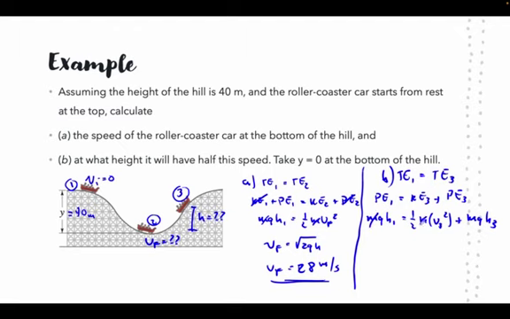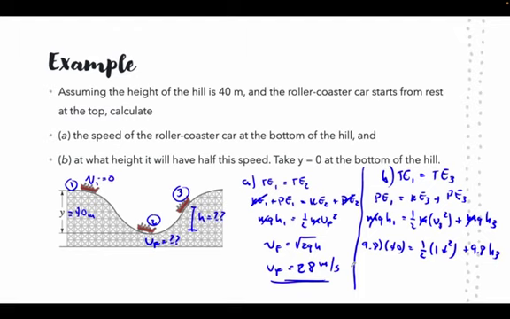Cancel the masses, and then I will have 9.8 times 40 is equal to 1/2 times v3, which is 14, right? Because we want the velocity to be half, plus 9.8 times h3. And from here, we can solve for h3.